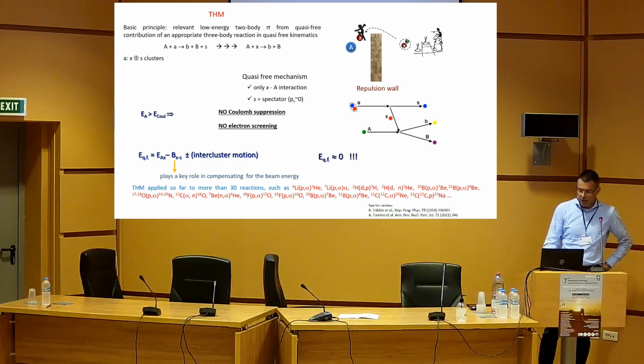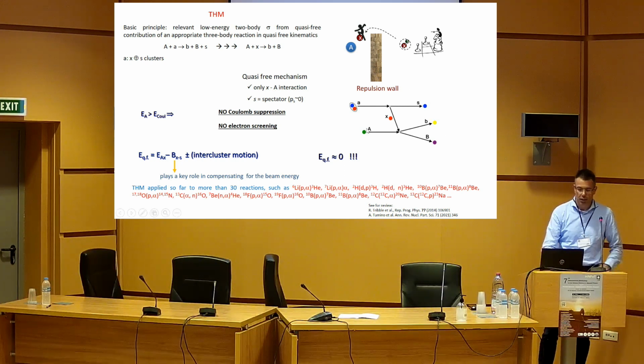In this case, for instance, we are interested in the reaction between particle X and particle capital A, with the exit channel little b and, let's say, capital B. This is the reaction of astrophysical interest. And of course, we have to compete with the Coulomb potential between particle X and particle A.